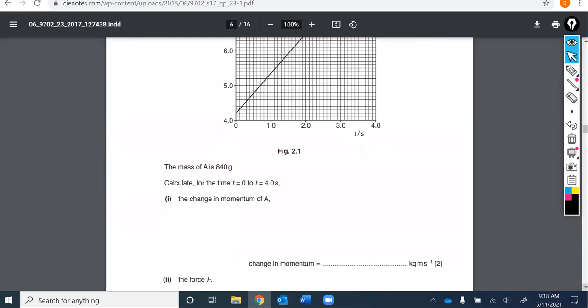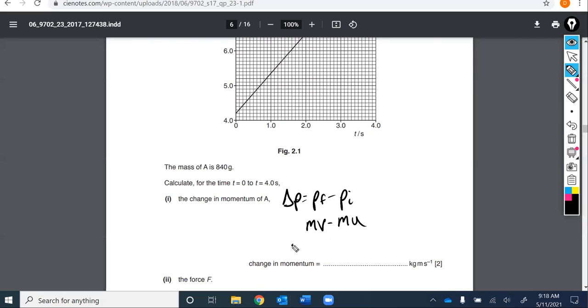The mass of A is 840 grams. Calculate, for the time from t equals 0 to t equals 4 seconds, the change in momentum of A. Change in momentum equals the final momentum minus the initial momentum. The final momentum is going to be the mass times the final velocity minus the mass times the initial velocity.